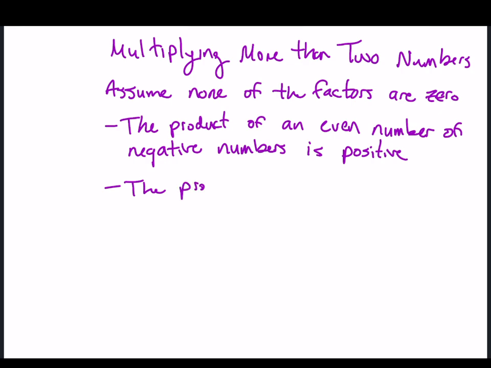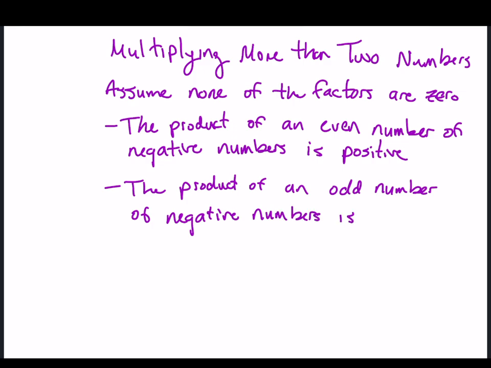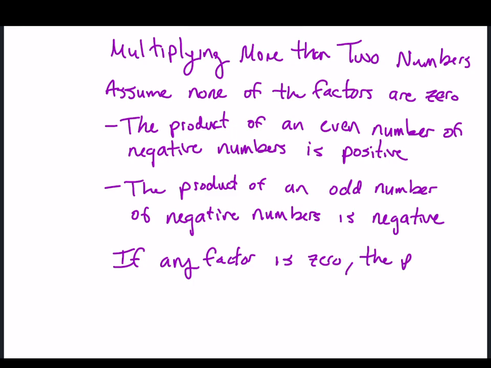The product of an odd number of negative numbers is negative, and if any factor is 0, the product is 0.